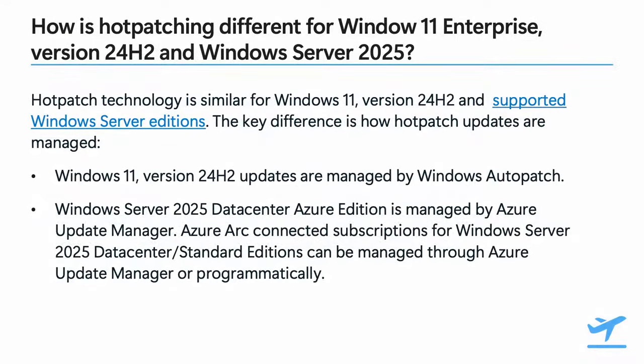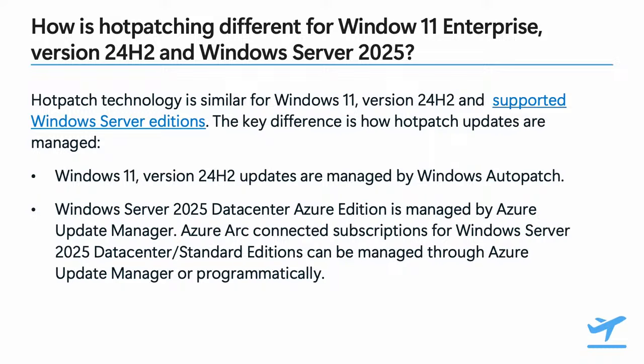One of our final questions is about how Hotpatch updates are different for our client users and for Windows Server 2025. Though the fundamentals are the same with Hotpatch updates for client and Hotpatch updates for server, including which months are the baseline months and which months get a Hotpatch update, there are some key differences.